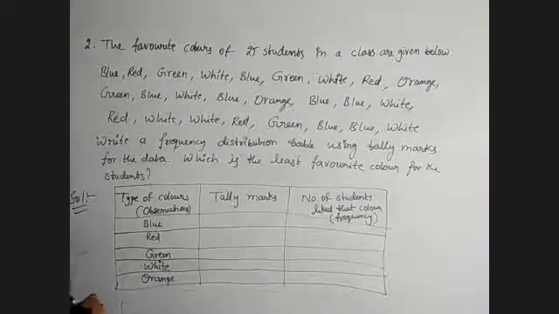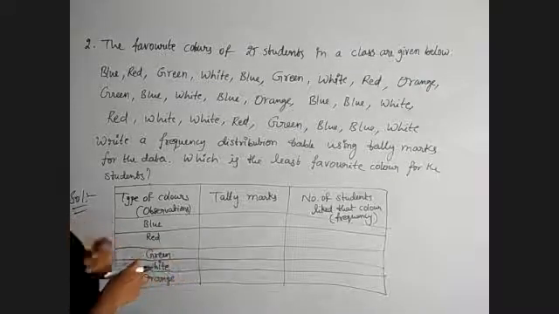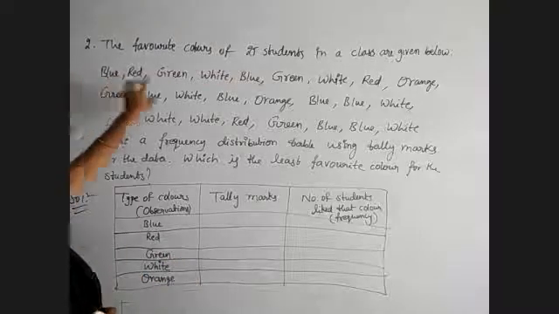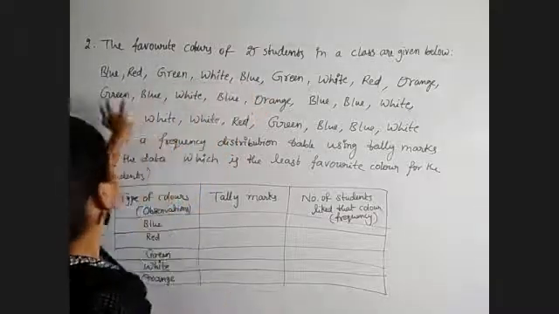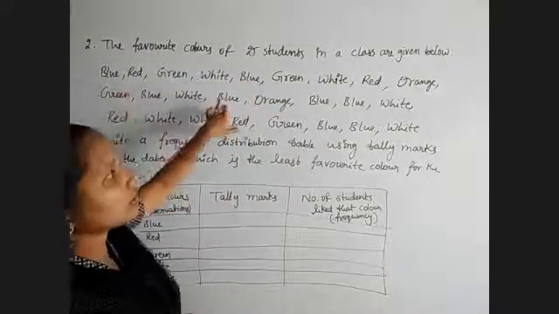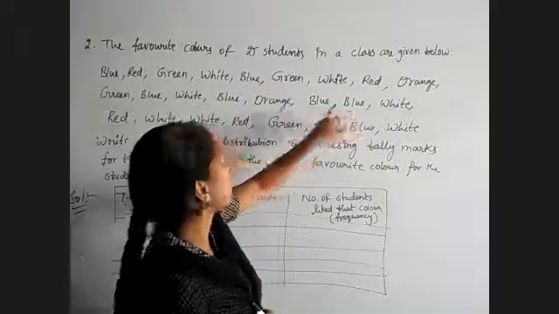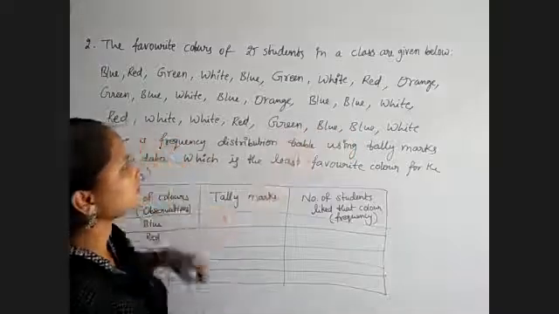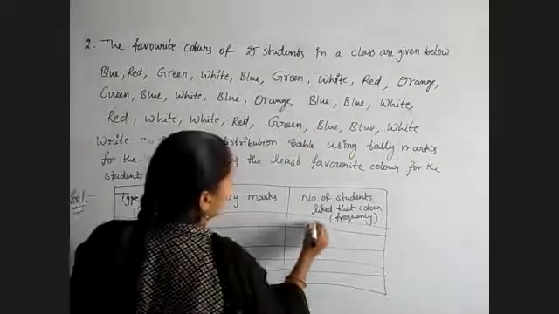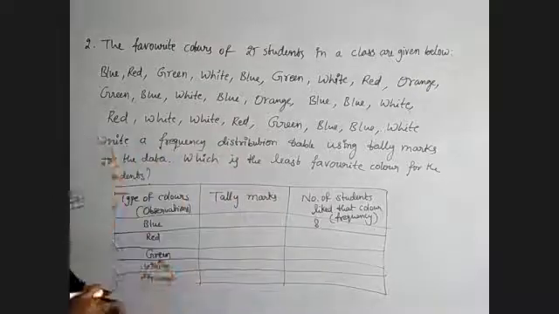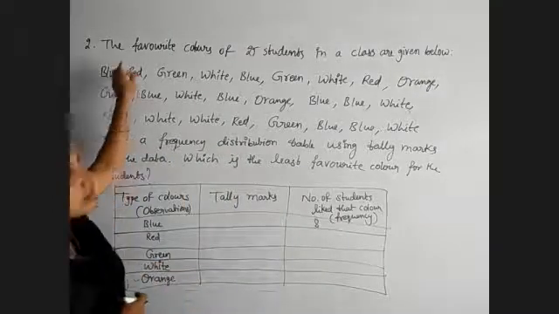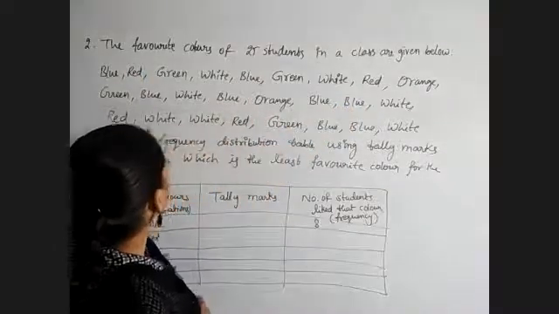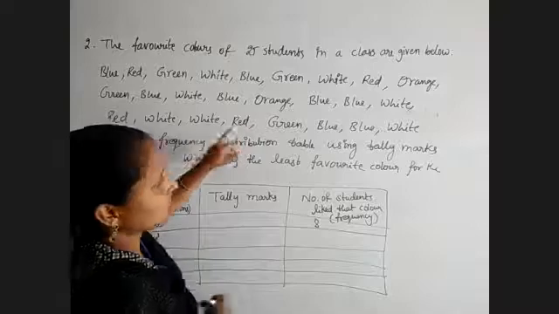Now blue, how many people are liking that? So how many students are liked blue color? We have to find. 1, 2, 3, 4, 5, 6, 7, 8. 8 members are liked blue color. Next, red. 1, 2, 3, 4.